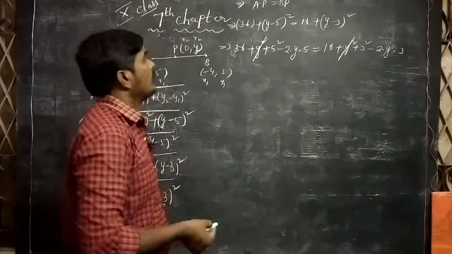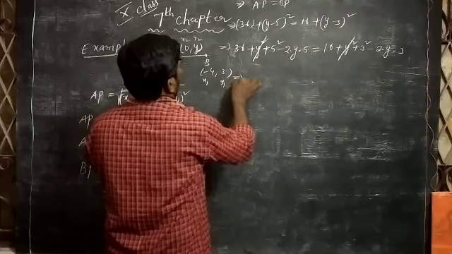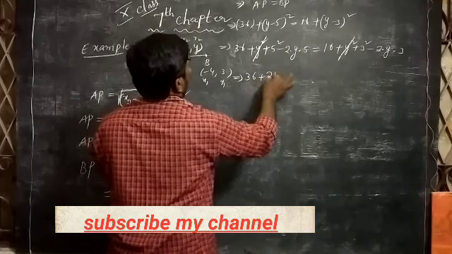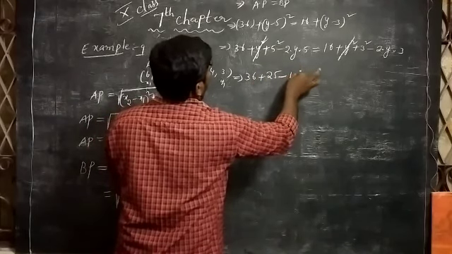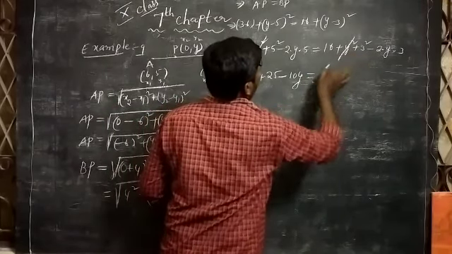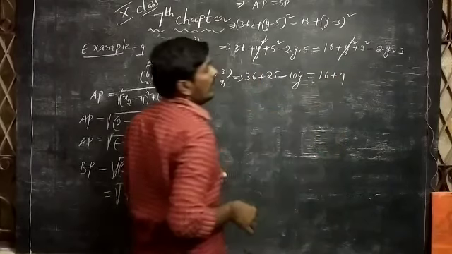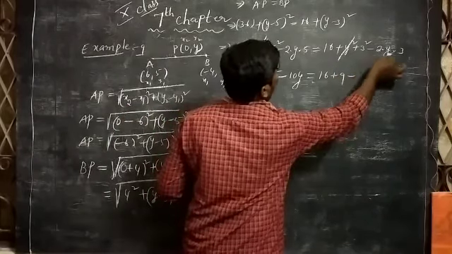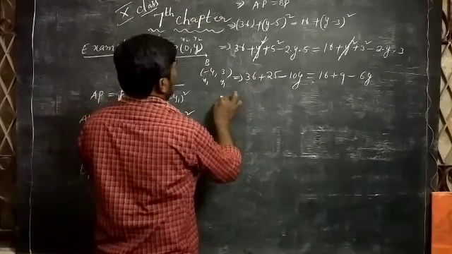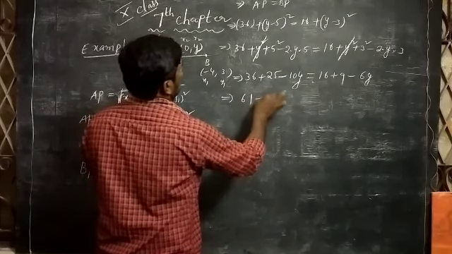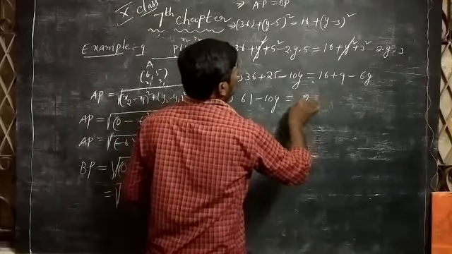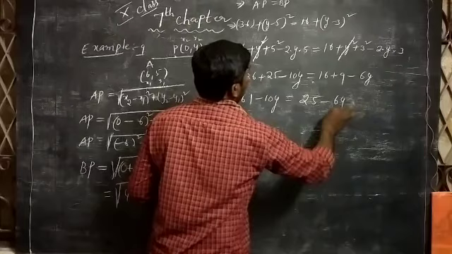After that, 36, 5 square means 25, 36 plus 25, 2 5s are 10y, is equal to 16, 3 square means 9, 16 plus 9, minus 2 3s are 6y. Now 36 plus 25, how much? 61 minus 10y is equal to 16 plus 9, 25 minus 6y.